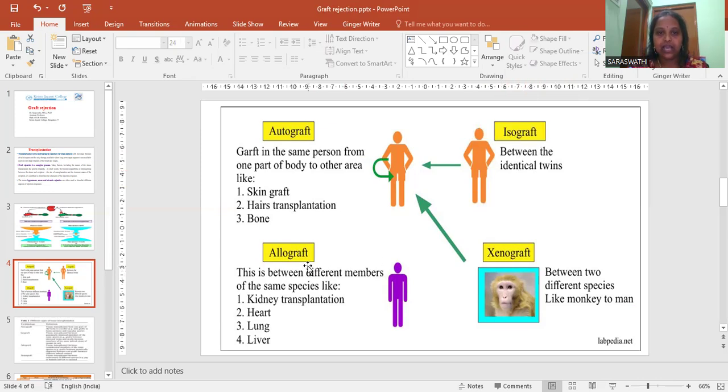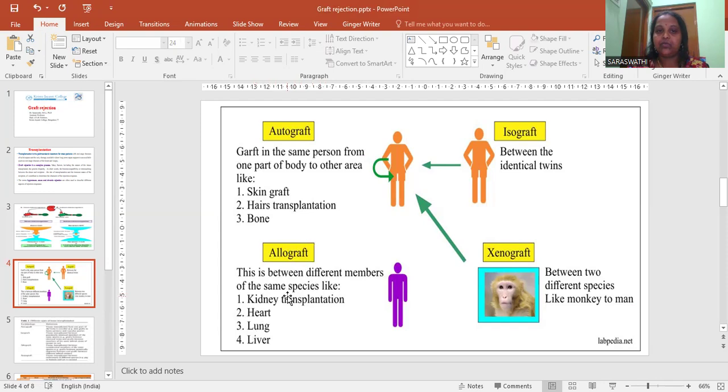Next is the allograft. An allograft is between different members of the same species, that means from the same Homo sapiens species, but from a different family. That kind of transplantation we consider an allograft. We can receive organs from a different family in the form of heart, kidney, or liver.